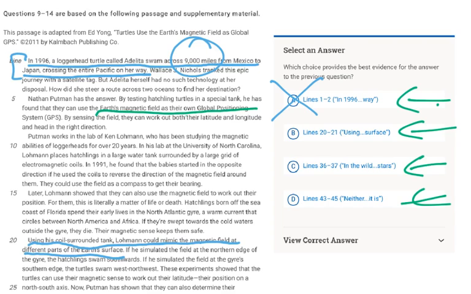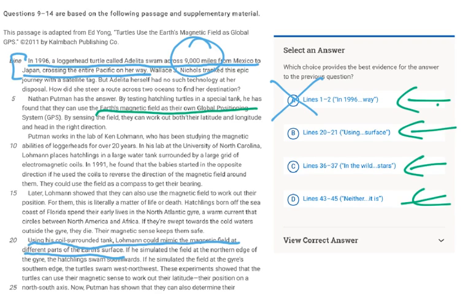Well, we say it has to do with the magnetic field as their own GPS. Lohmann's running an experiment here, but that's still not going to be the answer because it's just mimicking the magnetic field. It doesn't say anything about the turtles. It just says he's running an experiment about this, right?